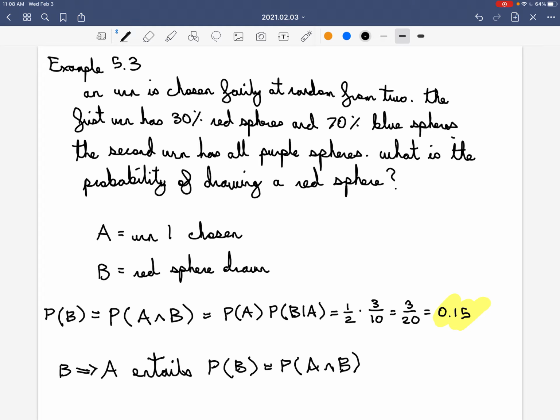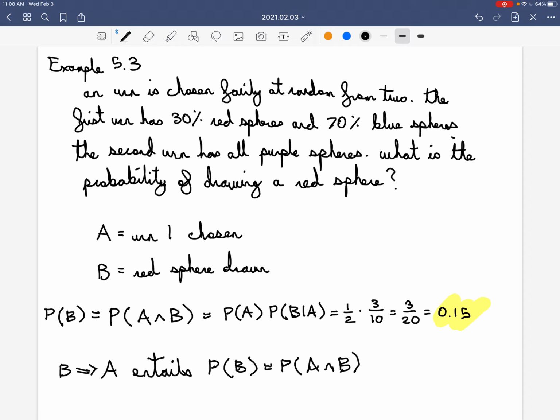And the probability of B conditioned on A is 3/10 because the first urn has 30% red spheres, so I have a 3/10 probability of drawing a red sphere given that I chose the first urn.